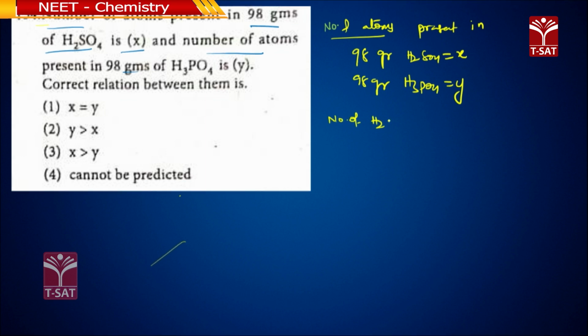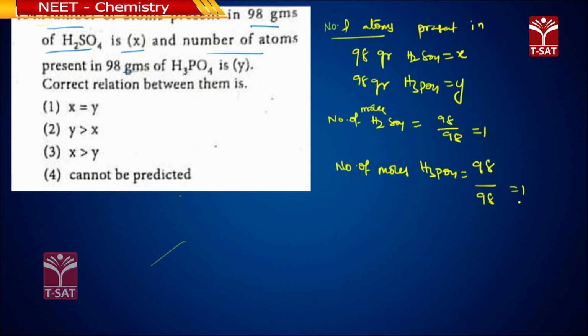Number of moles of H2SO4 we will calculate. Number of moles is equals to weight by molecular weight. Weight is 98, H2SO4 molecular weight is 98, 1 mole, right? And number of moles of H3PO4 also we need to calculate. H3PO4 weight is given 98 and its molecular weight is also 98.